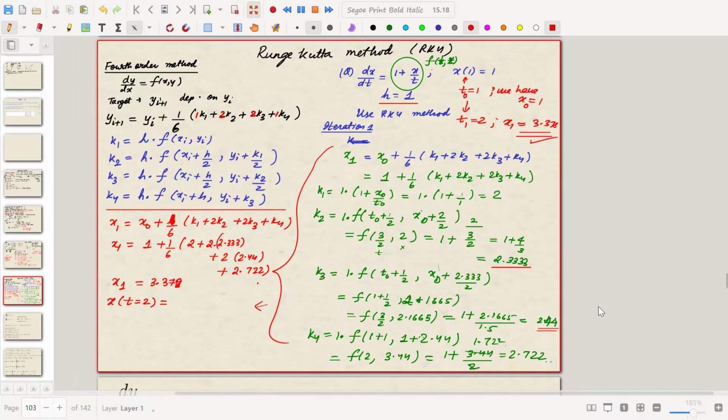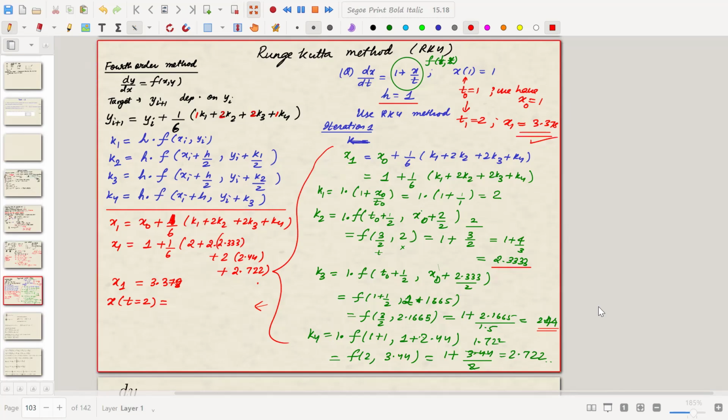Some of you asked the question: if I put h equal to 1 instead of h equal to 0.1 in the Euler method, will I get the same solution as in RK4? How many of you think yes? Those who are saying yes should put it in and check.